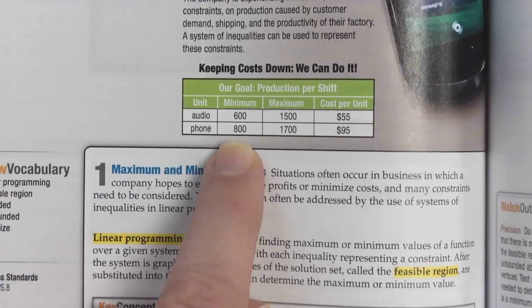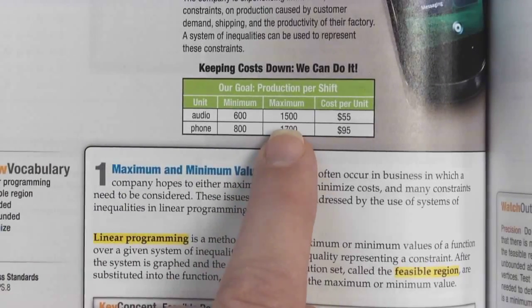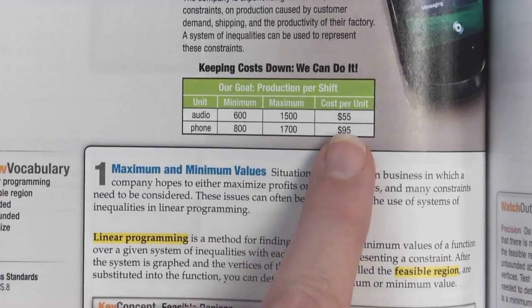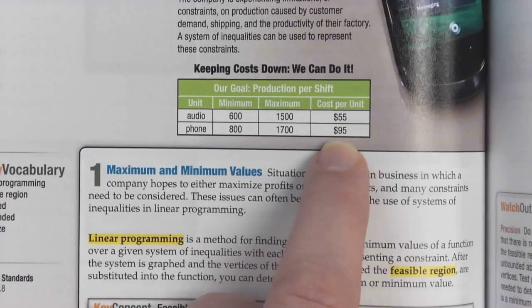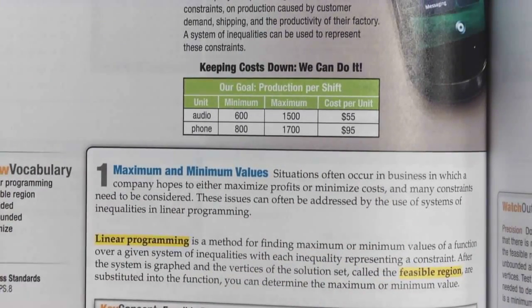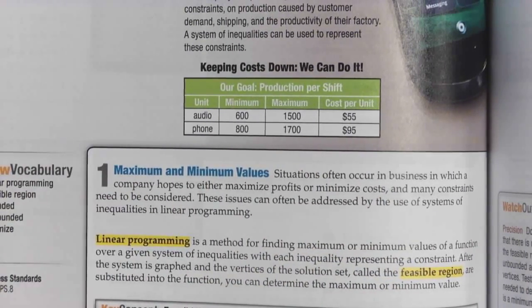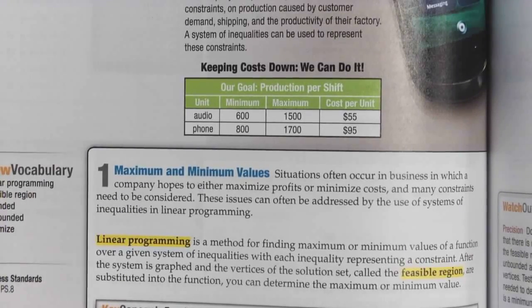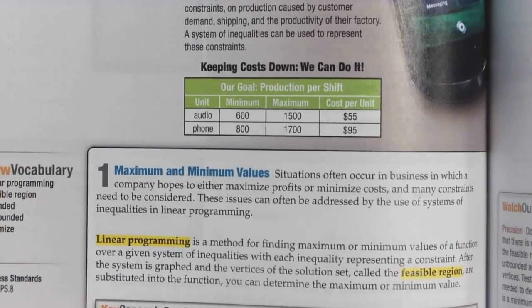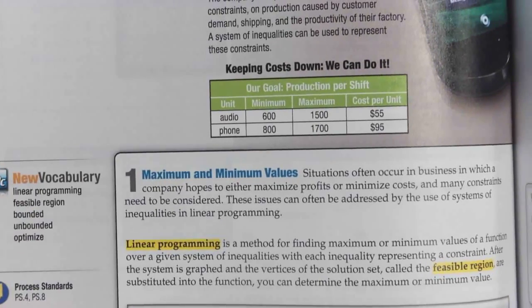So that gives us a constraint right there. The maximum they can make for audio is 1,500 and 1,700 for phone. And then they have the cost of $55 and $95. And so we're going to put all of those into a graph and then see where our what's called feasible region is.